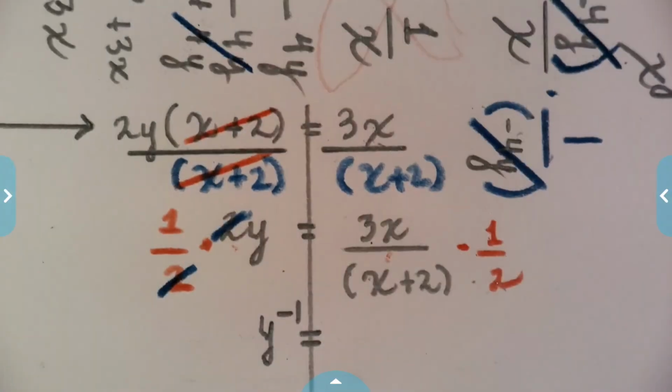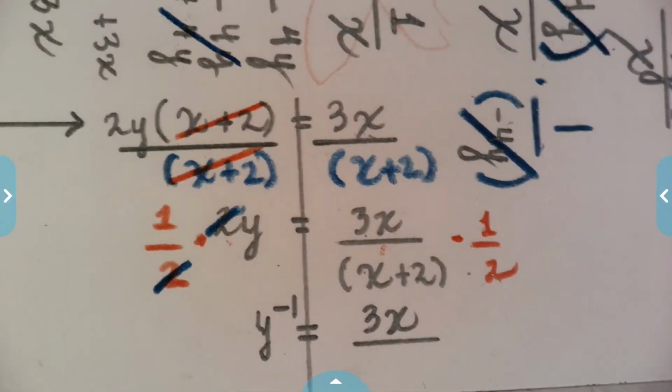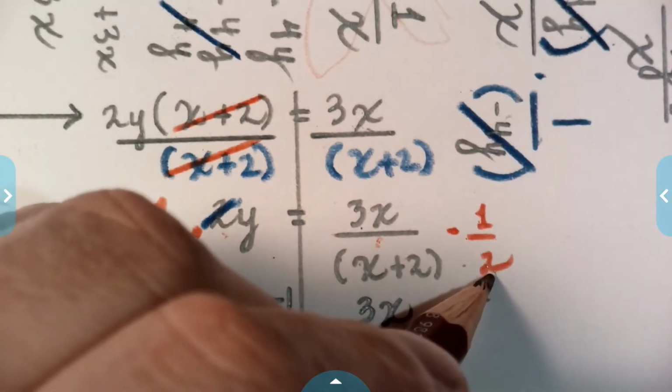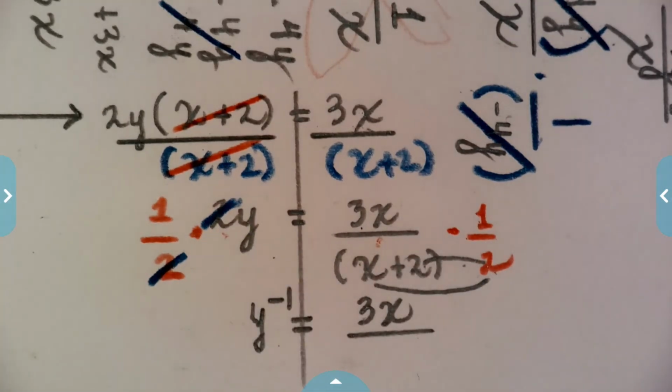Now, is there a smarter way to do that? No, we're just going to do it this way. So we have 3x on top, and then down on the bottom, because I'm distributing the 2 to the x and the 2 to the 2, right? So I'm going to have 2x plus 4.